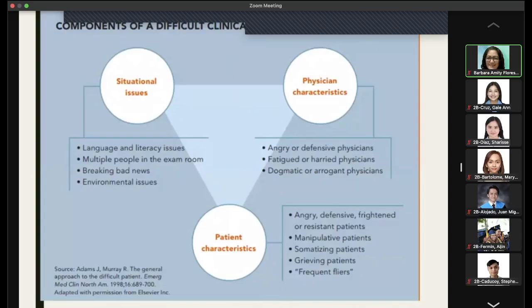Finally, we have patient characteristics as the cause of difficult clinical encounters. So the angry, defensive, frightened, or resistant patient, the manipulative, somatizing, and grieving patient, and the frequent flyers are your usual patient characters, those who are involved in difficult encounters.